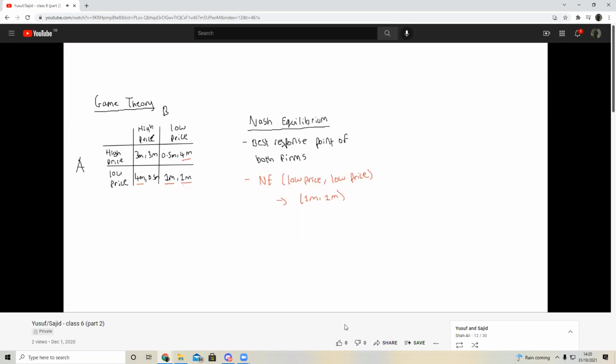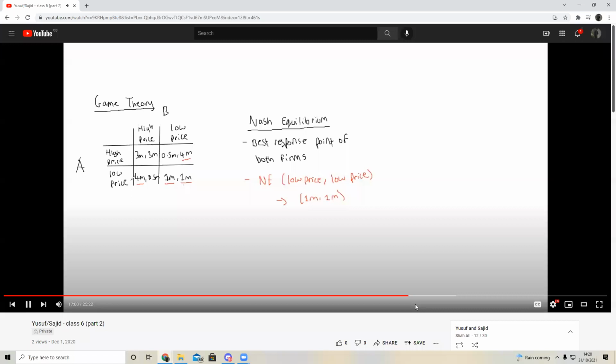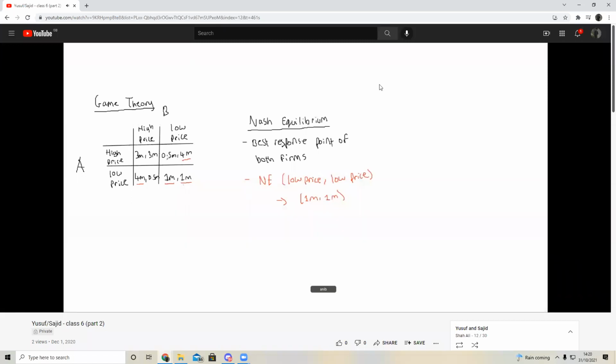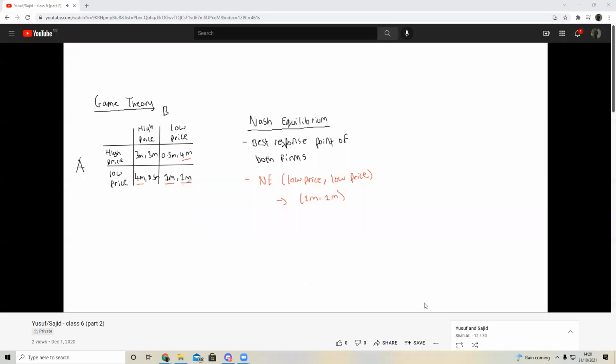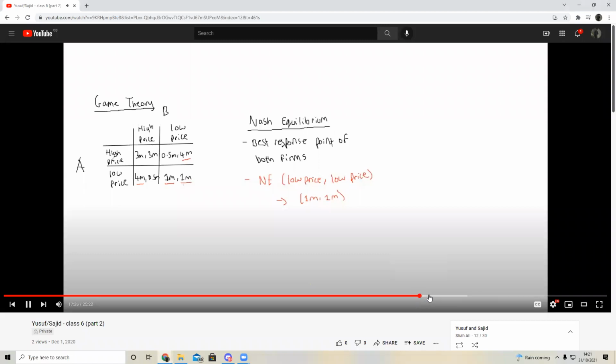If we set a high price for firm B, then firm A is going to set a low price, and that's deviation. That's not a Nash equilibrium. The only Nash equilibrium where both of them don't deviate is both setting a low price. Do you get it, Sajid? Yeah, the basics.